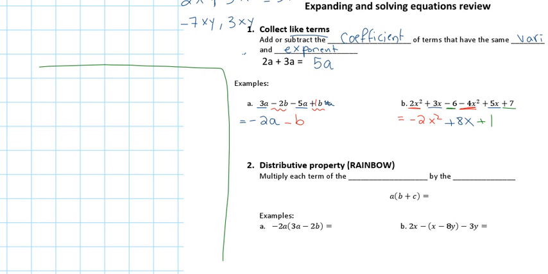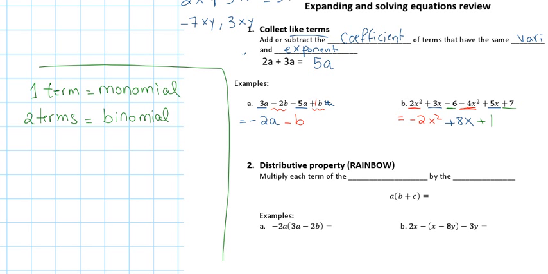So one term is called a monomial. If I have two terms added or subtracted, like I did here, negative 2a minus b, we call that a binomial.